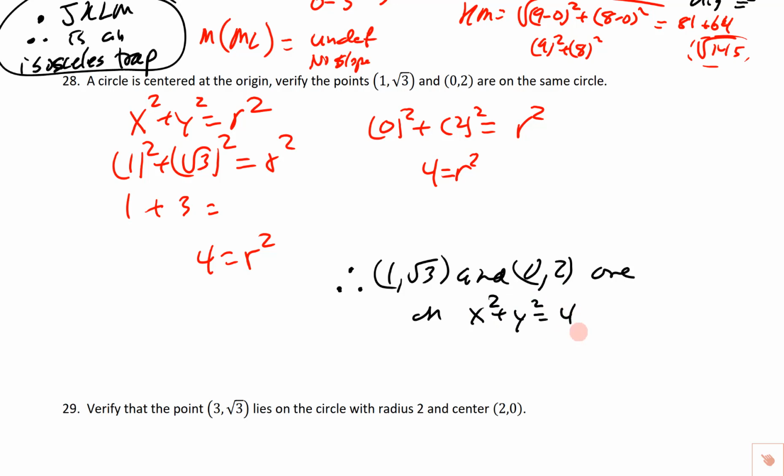They're on the same circle, okay? So I'm going to say, i.e., actually let me put it in parentheses over here, i.e., on same circle, okay? All right, and then let's take a look at the last one here.